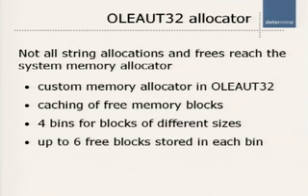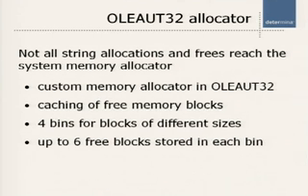So this caching allocator uses 4 bins for blocks of different sizes. For example, blocks between 0 and 32 bytes go into the first bin, blocks between 32 and 64 into the second bin, and so on. So we have 4 categories of blocks. Then I think blocks larger than 32K just get freed directly, so there's no caching for them.